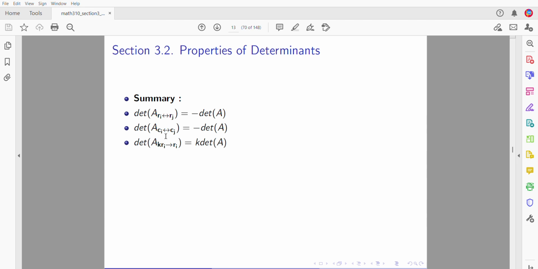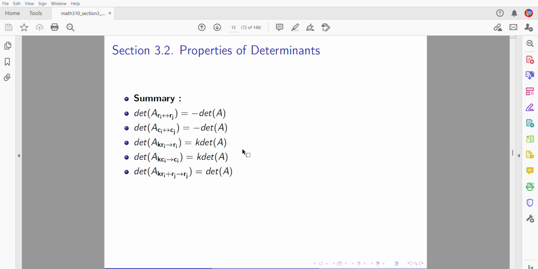Multiply a row by K, the K comes out. Multiply column by K, K comes out. So this was elementary row operation of type 2. This is elementary column operation of type 2.